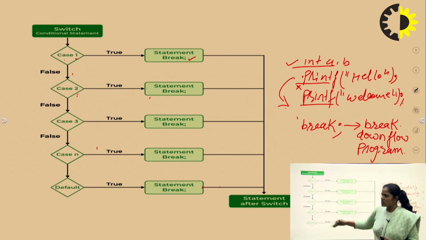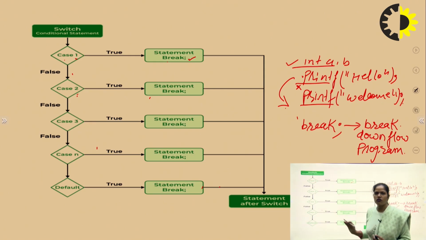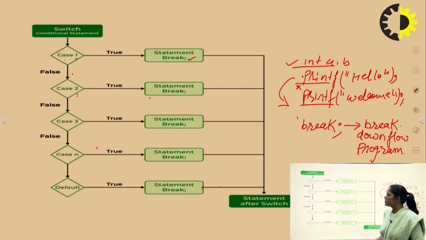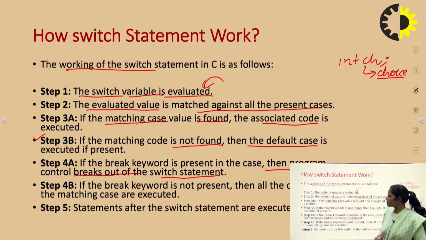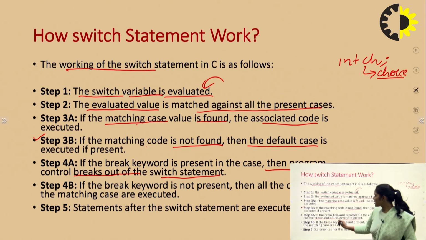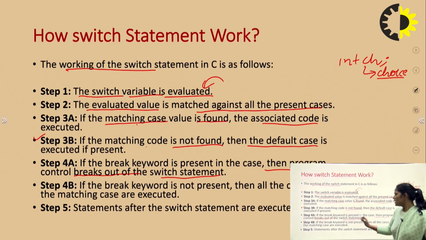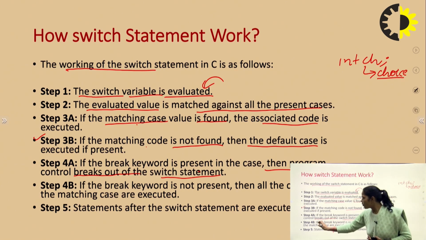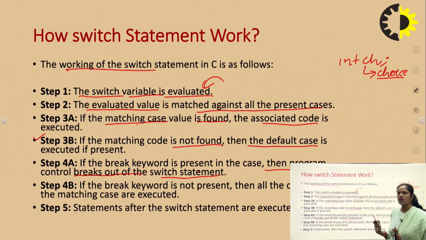This process goes on till the end of the program, until we get the matched case. So this is the concept of the switch statement, this is the basic process. If the break keyword is present, if a break statement is available in your program, then the program control breaks out of the switch statement.